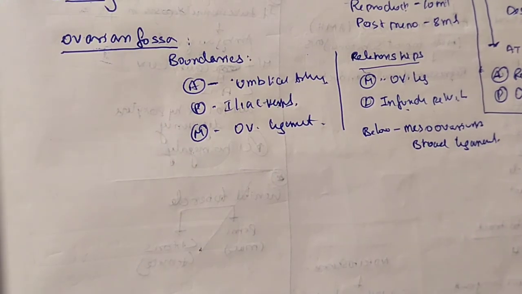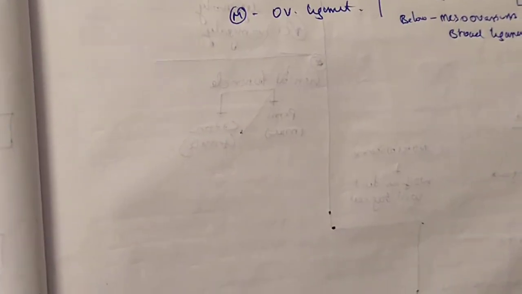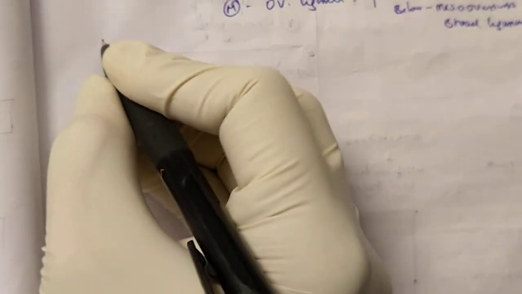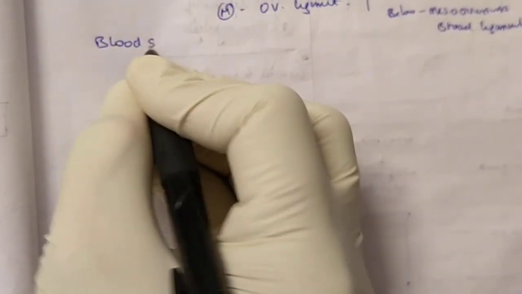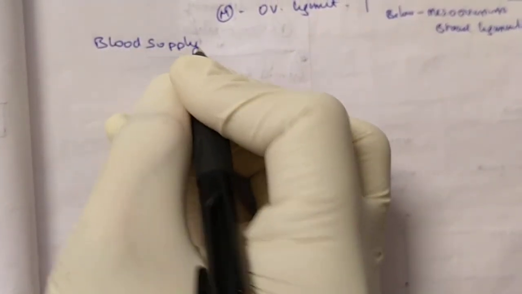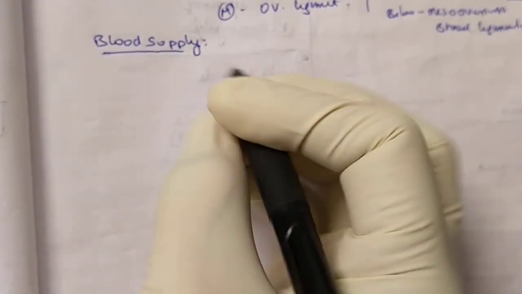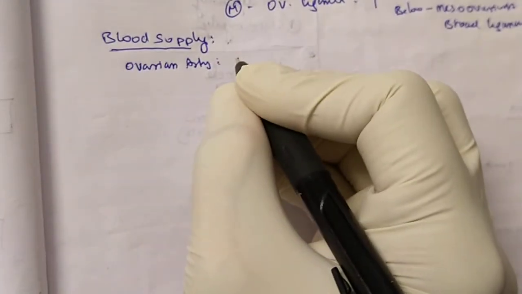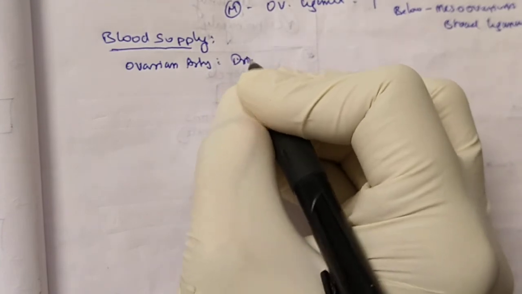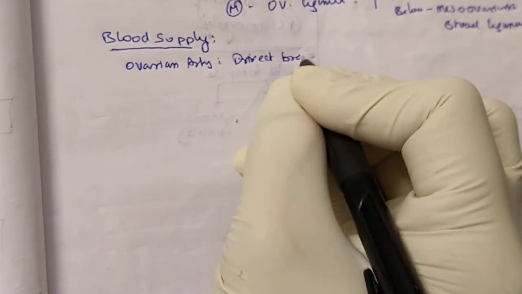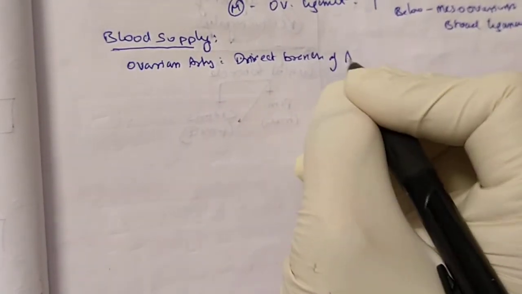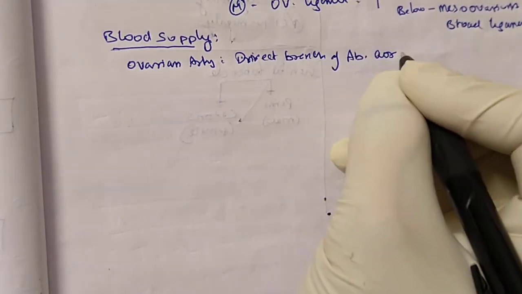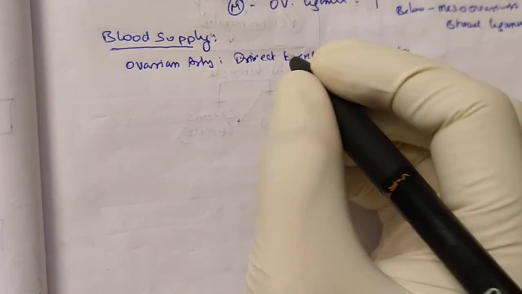Now we'll talk about the blood supply. Ovarian artery is a direct branch of abdominal aorta.